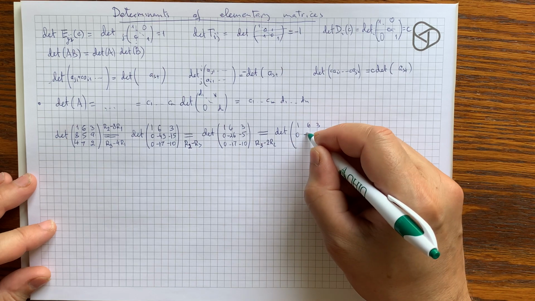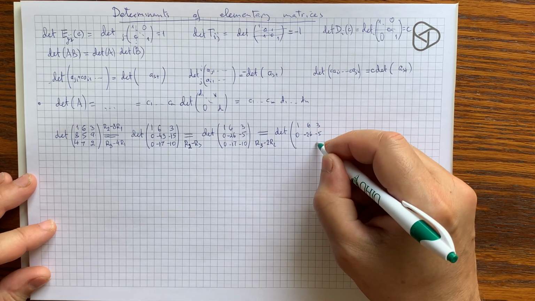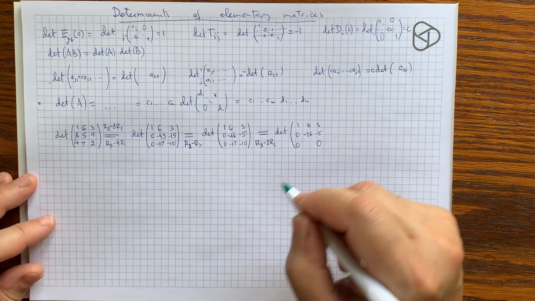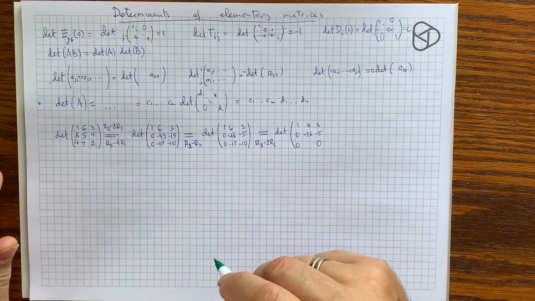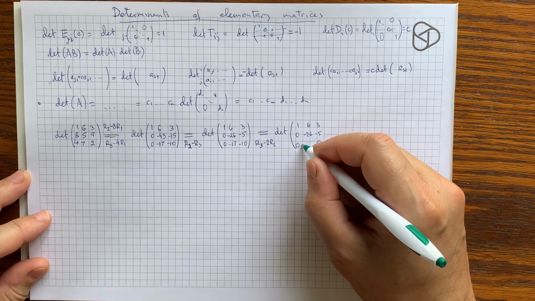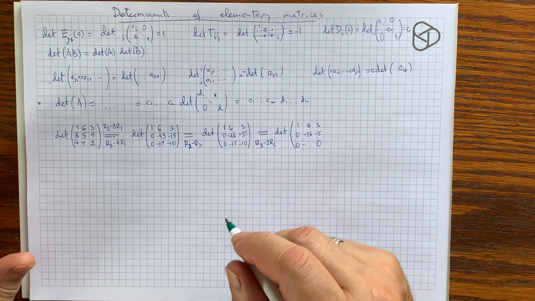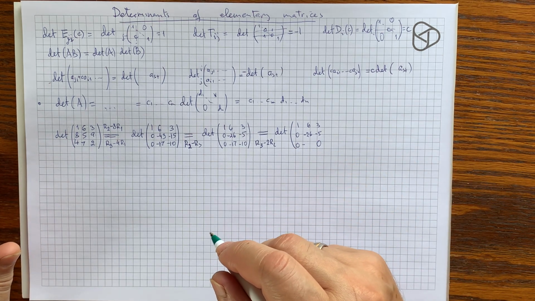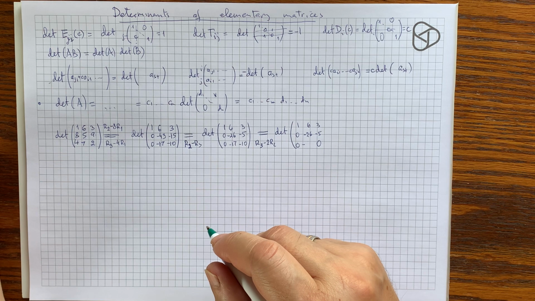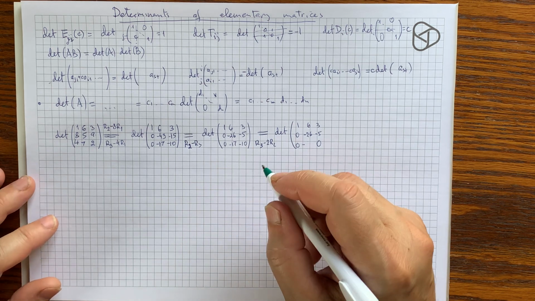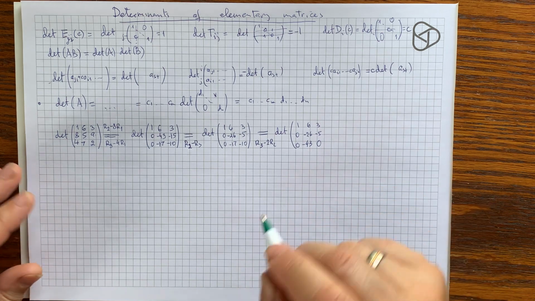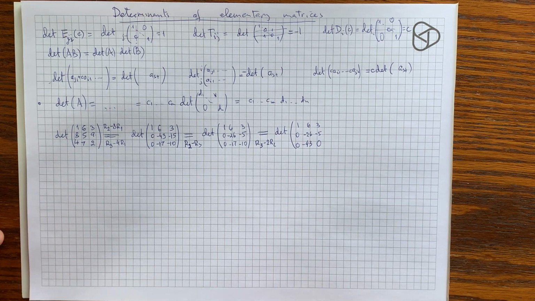What I will have is 0 here, and the 0 is in here as well, and then I will have something like negative 43. No, it's not negative 43.